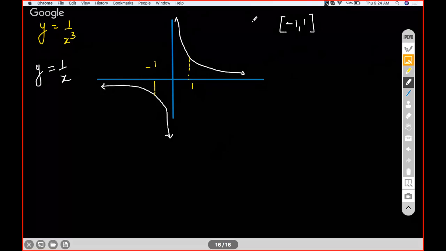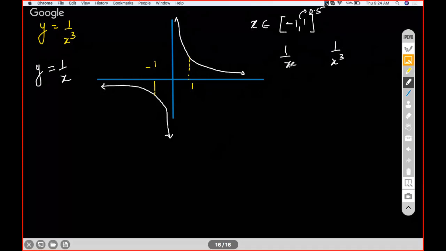Just a question. When x belongs to this interval, -1 to 1, which is greater, 1 by x or 1 by x cube? When x equals -1, 1 by x will be -1. They will be the same at 1 and -1, but let's say somewhere in between, let's say you take 0.5.